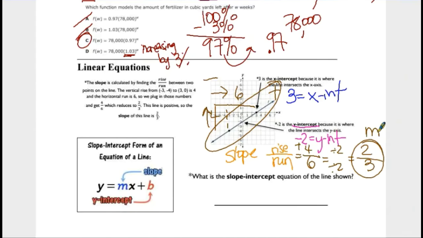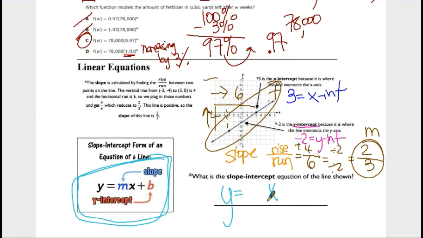M is the same thing for slope. When I look down here, at the very bottom of my page, it says slope-intercept form of an equation of a line. So guys, this is how you graph. You have to have this right here in order to graph. And it says, what is the slope-intercept equation of the line shown? Well, y and x are going to stay no matter what.